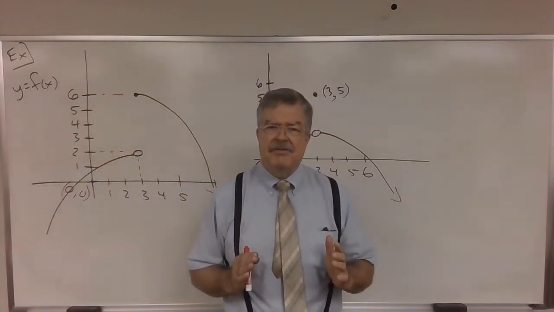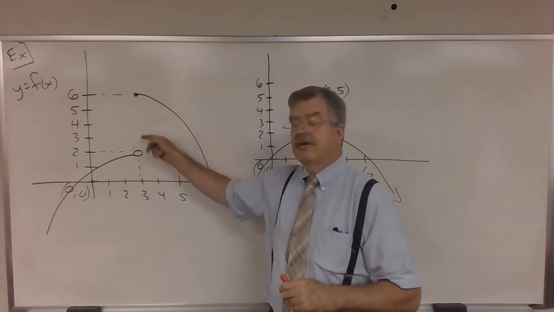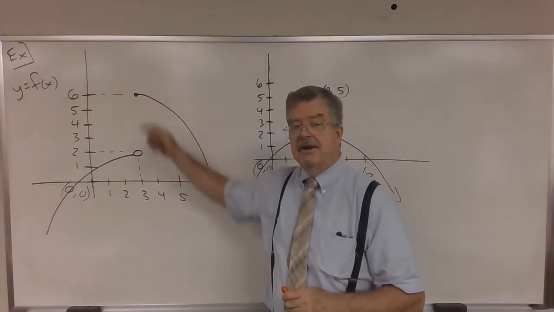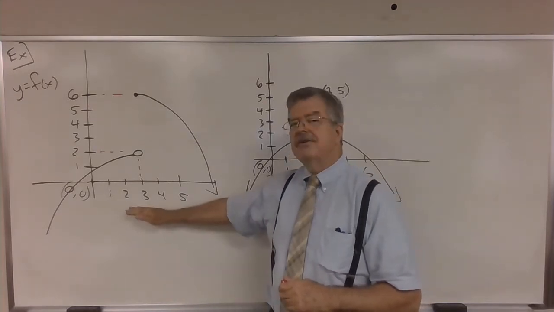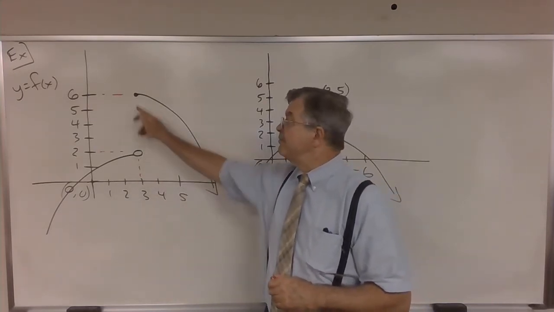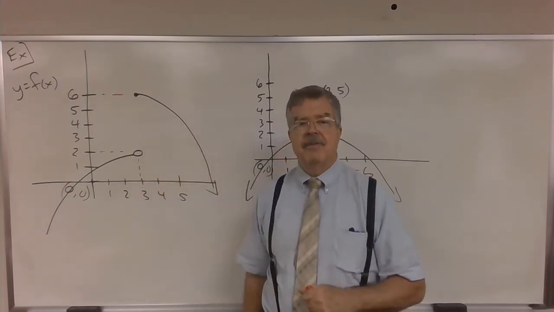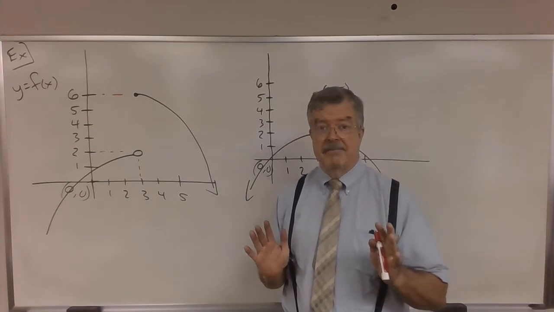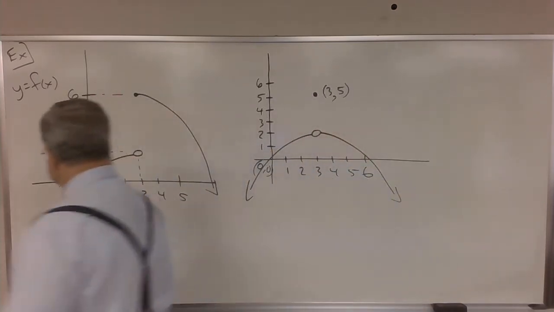And the two pieces are not connected. There's a big interruption right here, or a big break right here. And if you're looking at that and saying this graph is discontinuous because there's a big break here, or the graph has two separate pieces, you're absolutely right. That's exactly how we're going to diagnose this.